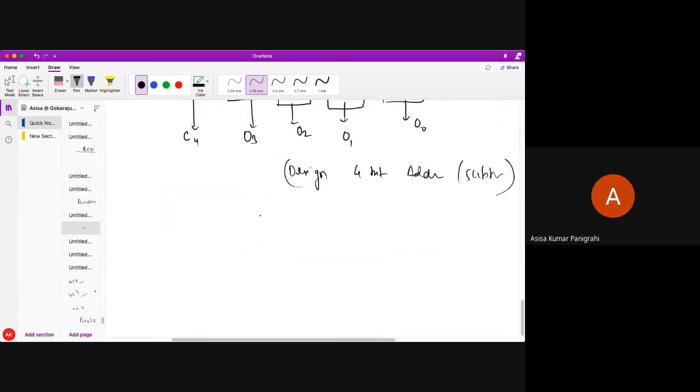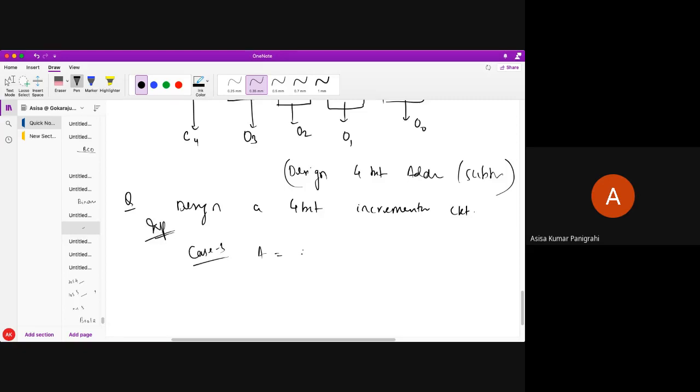Now, the question is design a 4-bit incremental circuit. What do you mean by incremental, first of all? A 4-bit incremental circuit means, let's say A is as it is. This is my case 3, students. This is a very special case.